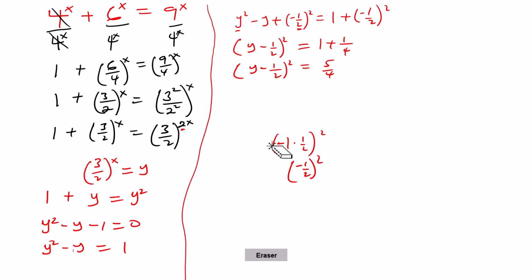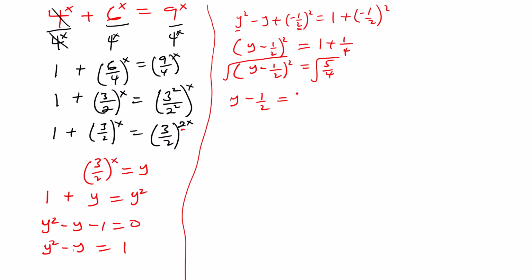So let's go ahead. We can take the square root on both sides. So we have y minus half equals plus or minus the square root of 5 on 4. The square root of the denominator is 2.